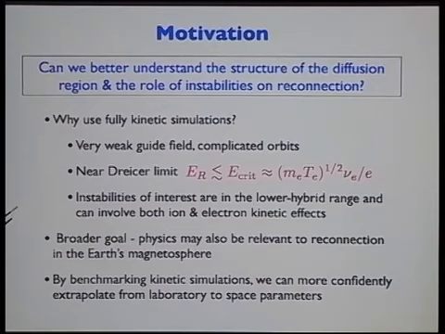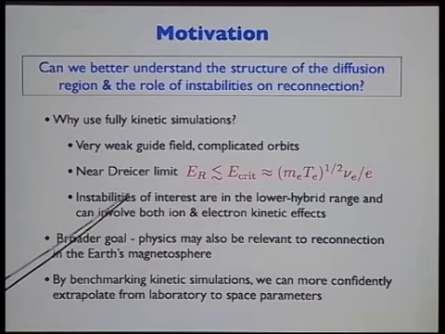Why should we use fully kinetic PIC simulations for this problem? Well, most of the MRX discharges have very weak guide field, almost a neutral sheet type configuration, where the current sheets that are forming, you really do have almost a null region where the electrons can have all sorts of complicated orbits. The ions as well can have complicated orbits within it.